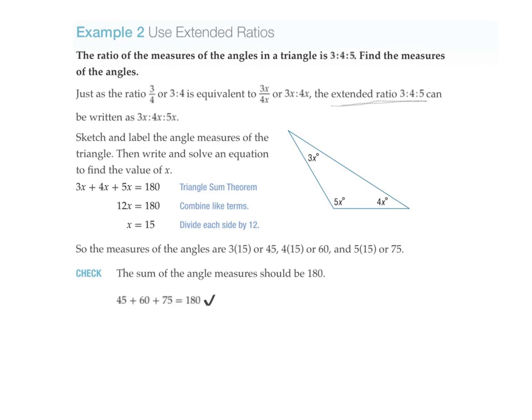Well, here you know that all three of these angles must equal 180 because of the triangle sum theorem. Solve for x. Then make sure you read what it says. It says find the measures of the angles. If you find x, you've not finished. It's that old saying that I keep saying and keep saying. Make sure you plug it back in again. Find x, plug it back into your 3x, 4x and 5x, and you will finish up with your answer.